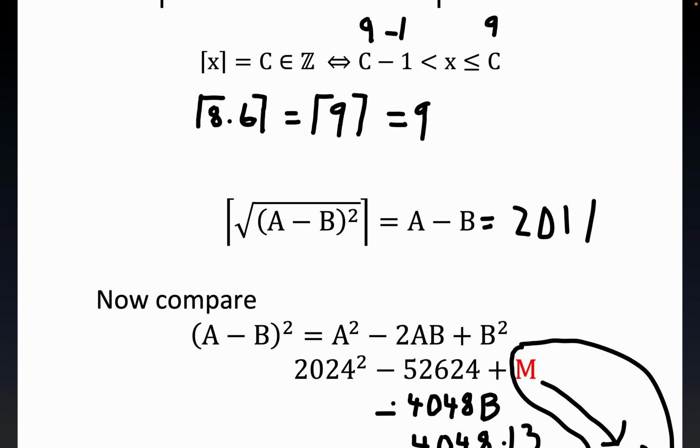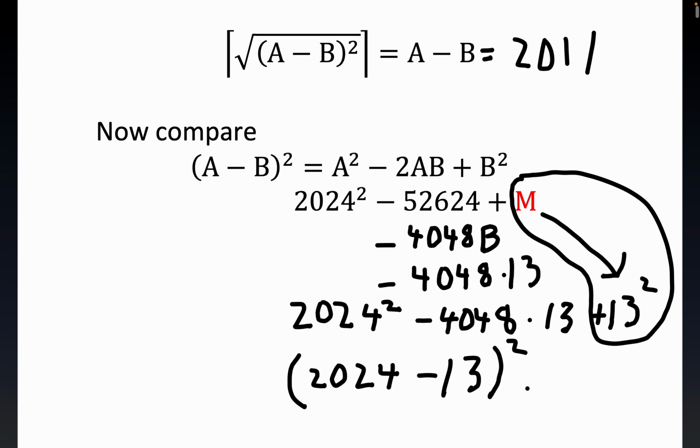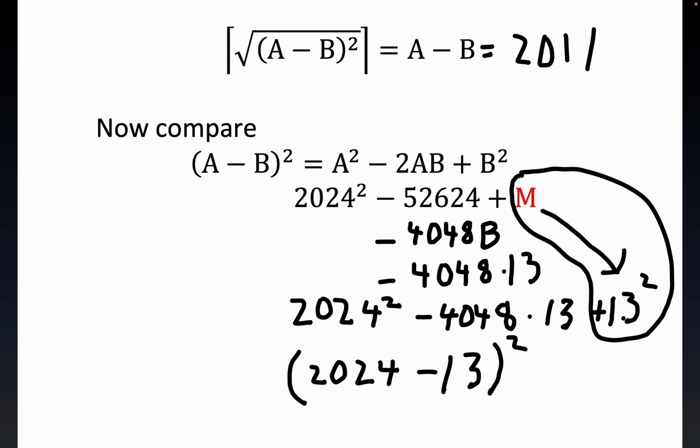And then the only real arithmetic we had to do right here was divide 4,048 into 52,624. That produced this result, which produces this constant for m.